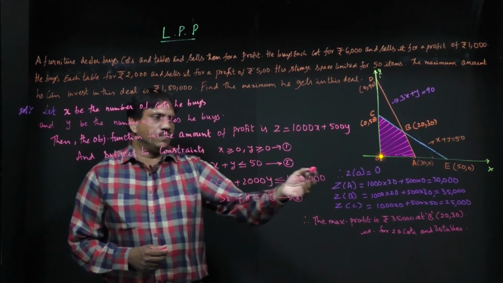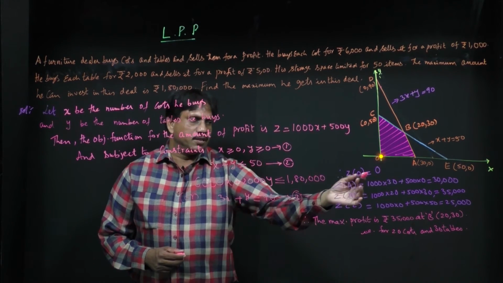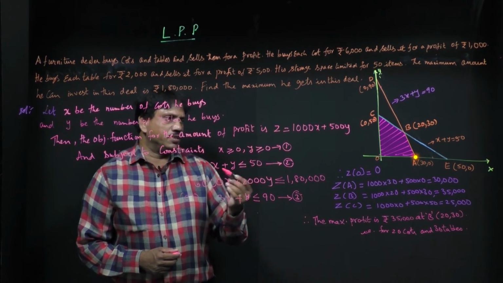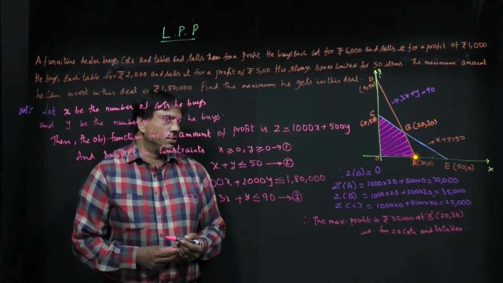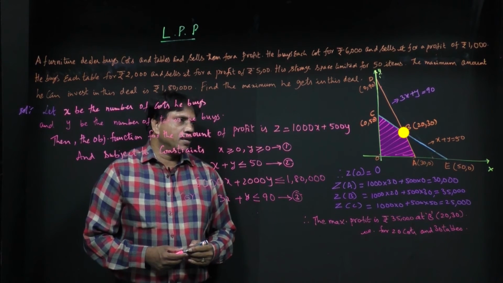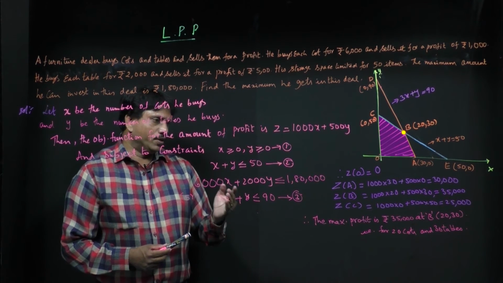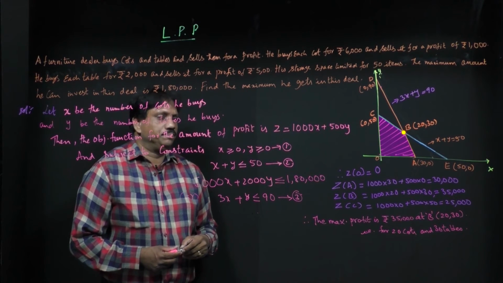Now at the origin, first you calculate the objective function of maximum profit. The value is 0. At vertex A, putting 30, 0 in this, 1000 into 30 plus 500 into 0 gives 30,000. At B, put 20, 30: 20 into 1000 plus 500 into 30, which is nothing but 35,000.